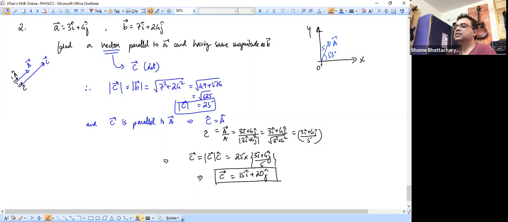So the vector C, now you know that it has a magnitude of 25, but it is parallel to E. So it should be like this. Okay. So you can see that C is basically becoming 5 times E. Or C is equal to 25 cos 53 I cap plus 25 sin 53 j cap.